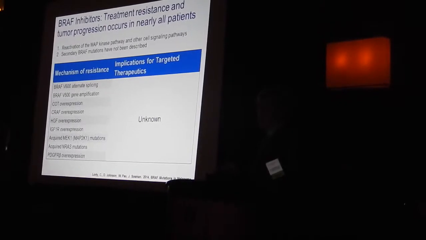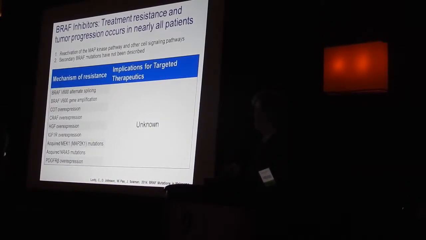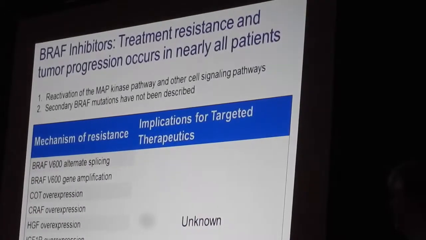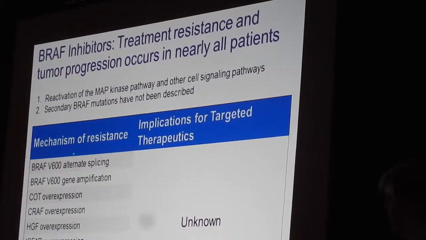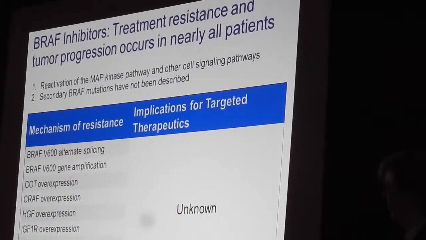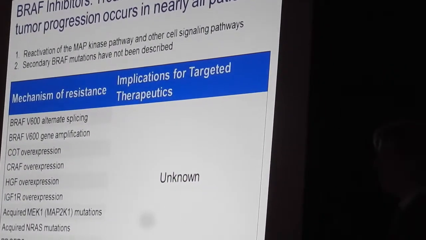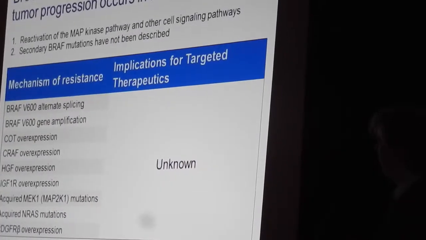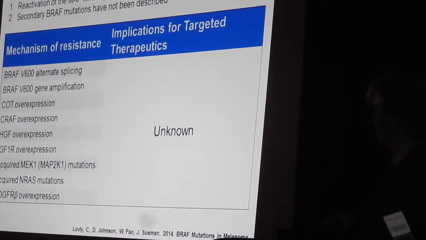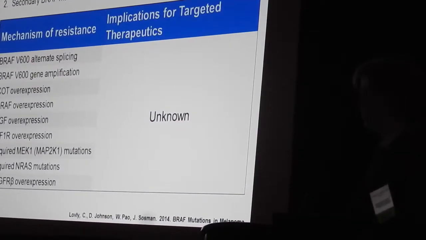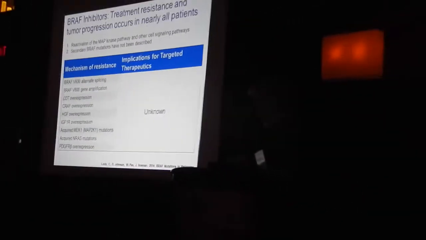Now, unlike EGFR, secondary mutations in the BRAF gene that might prevent the drug from binding have not been described. So this lists some of the different mechanisms of resistance to BRAF inhibitors, but right now the proven and validated implications for targeted therapy are unknown. So once a patient becomes resistant, their treatment isn't fully defined and validated. This has to be handled by the oncologist using their best judgment.